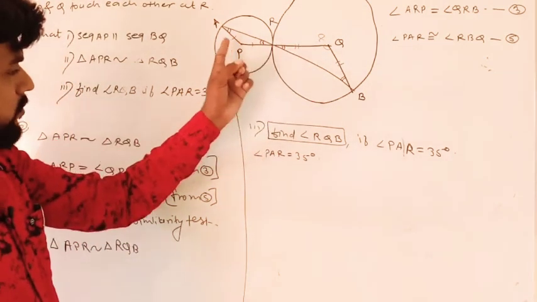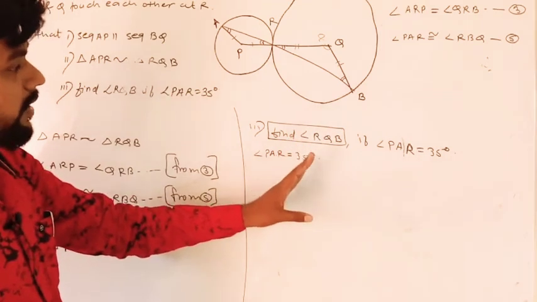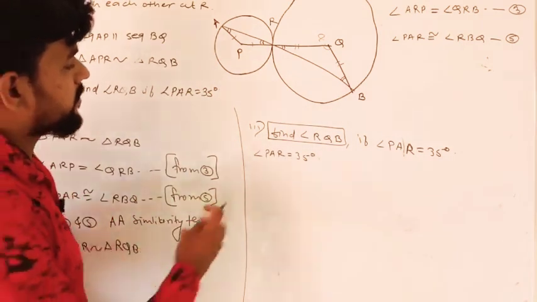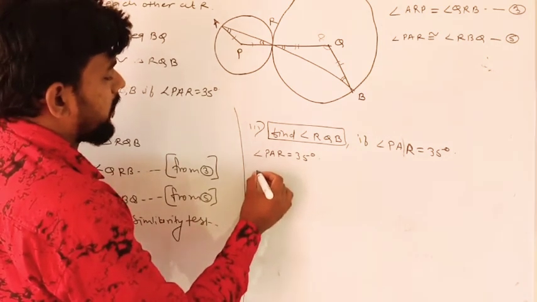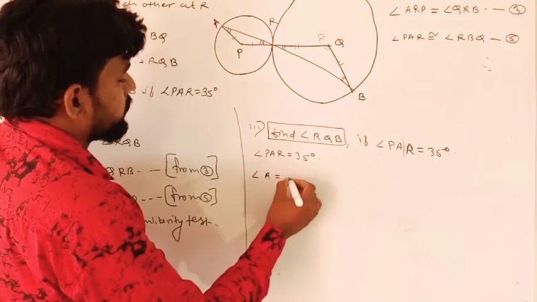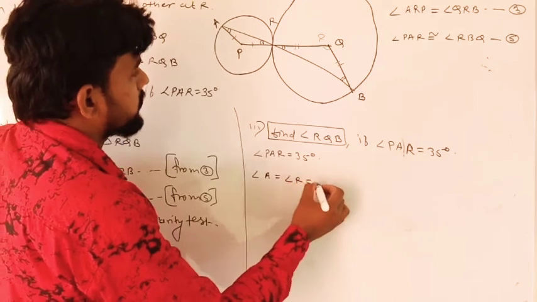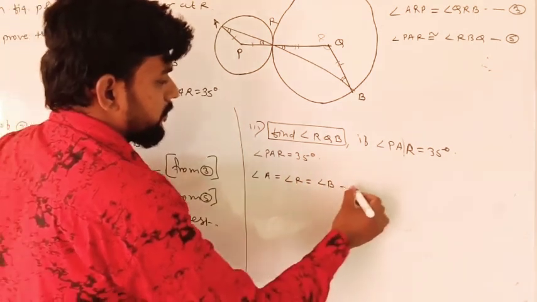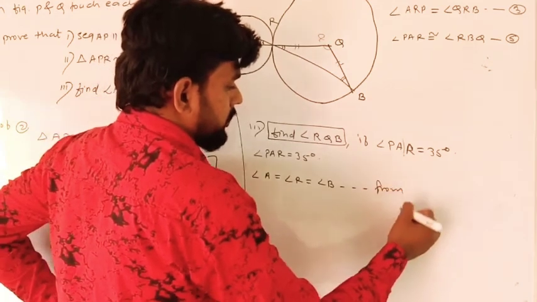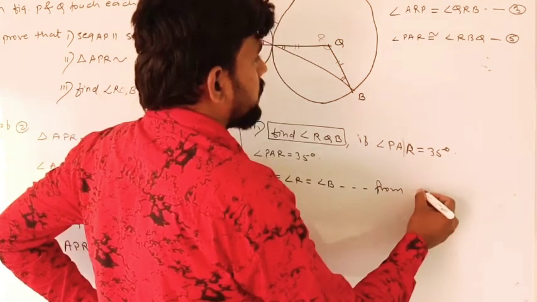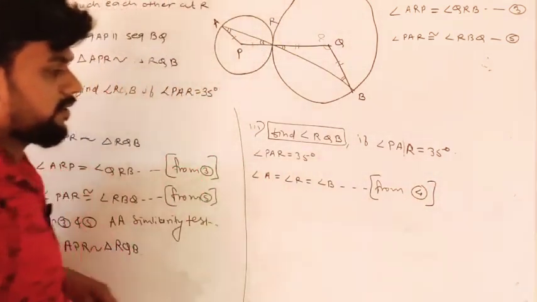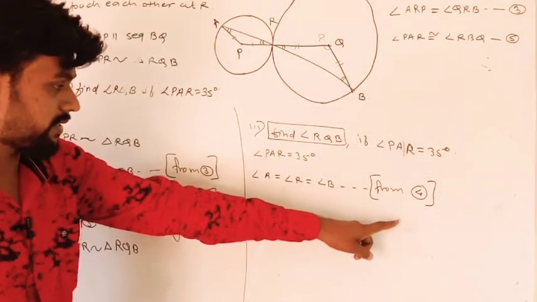If you see in the question, angle A is equal to angle R is equal to angle B, from the fourth equation.